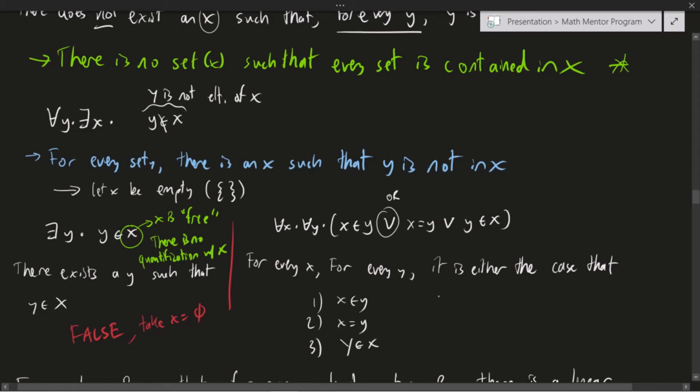Now this statement is also false, because we can construct two sets x and y such that none of these properties hold.